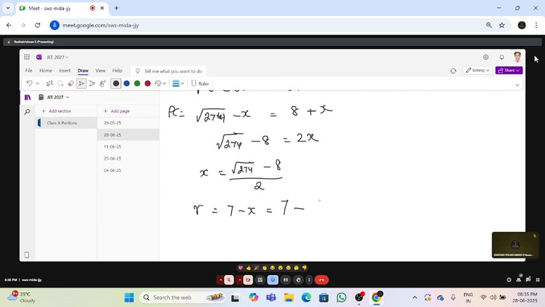We already saw x comes to some 4 point something, so 7 minus that, it will be something around 2.523. So that is your R.